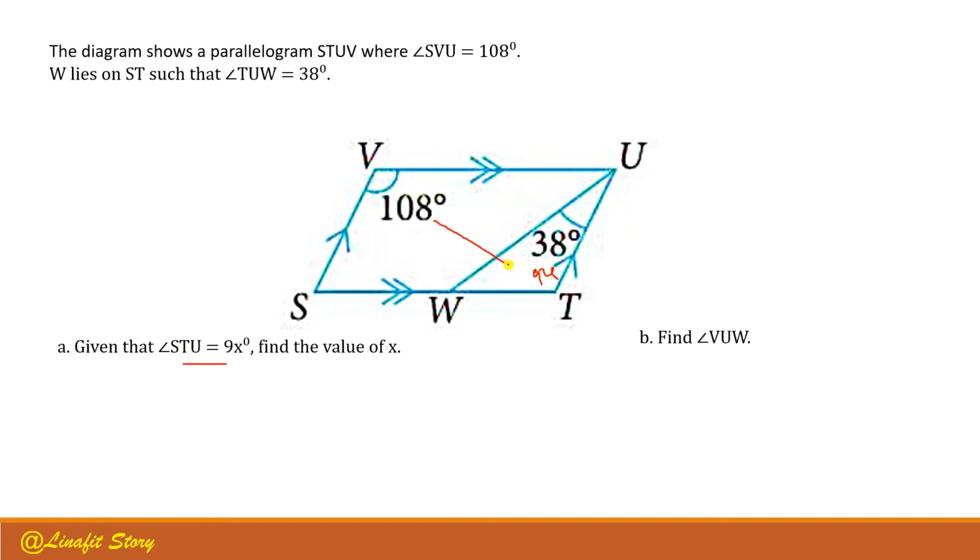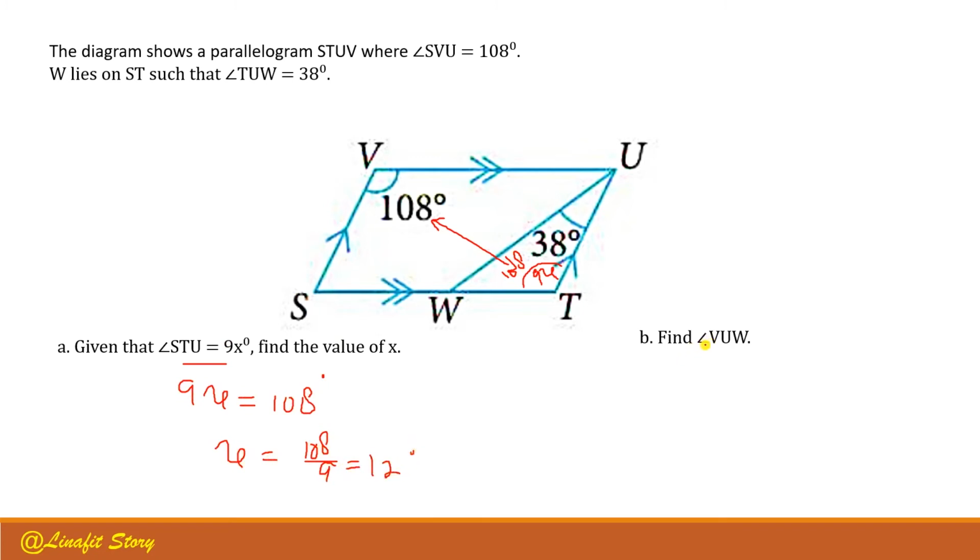Opposite angles are equal. If angle V is 108, then angle C is also 108. So 9x is equal to 108 degrees. So x is equal to 108 divided by 9, which is equal to 12 degrees.